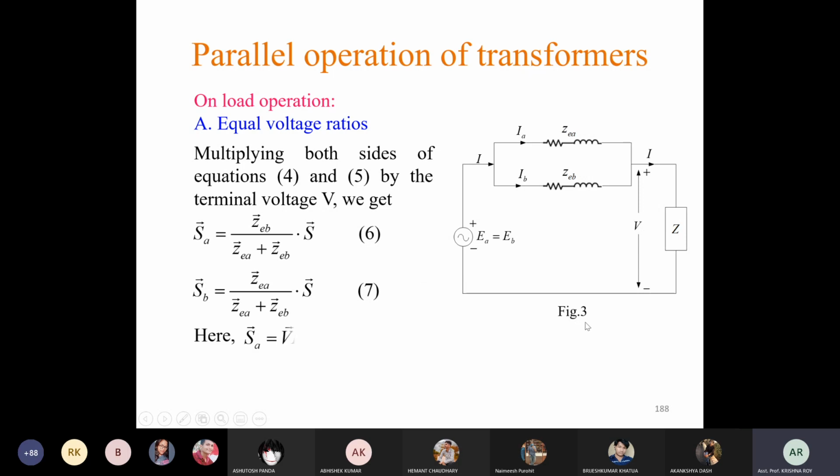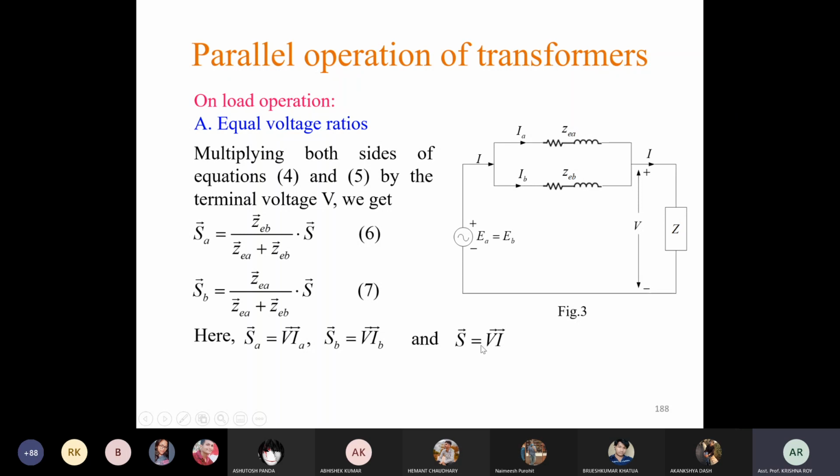That is the load VA shared by transformer A. SB, that is the load VA shared by transformer B, and S is the total load connected to the system.